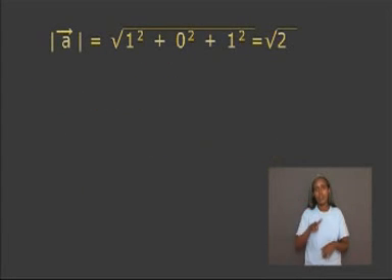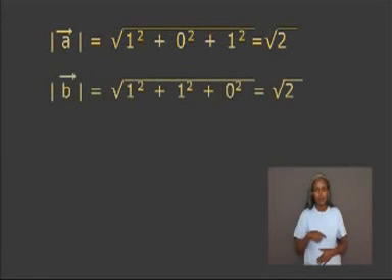The magnitude of vector A is the square root of the sum of the squares of 1, 0, and 1. Therefore, the magnitude is equal to the square root of 2.